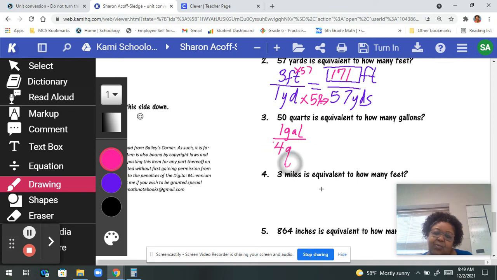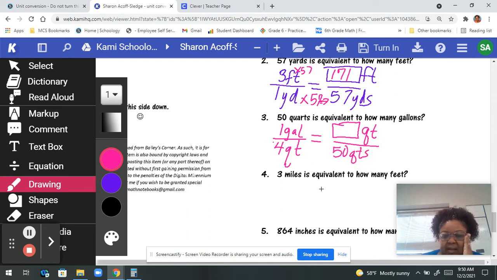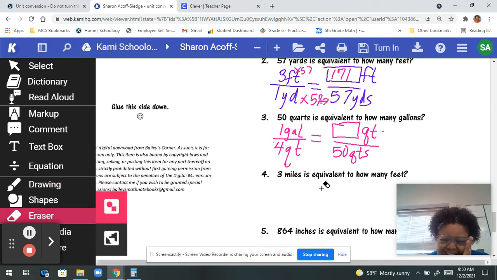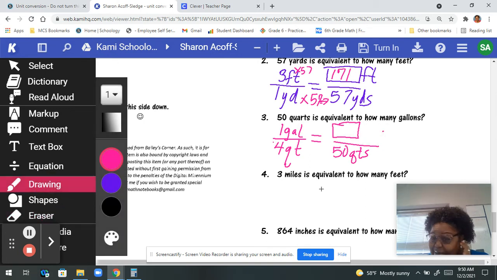That's a Q. And so that means some number of gallons is equal to 50 quarts.